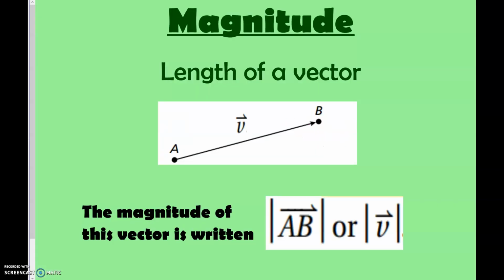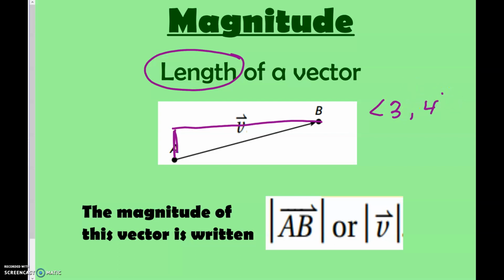All right, then we talked about the magnitude. The big thing you have to remember is that magnitude is the length of a vector. A lot of times what we did is turn the vector into a right triangle. They would give you the component form of, let's say, ⟨3, 4⟩, and then they would want to know the length of this. In the direction of Y it would be 4, and the horizontal distance, which is X, would be 3.